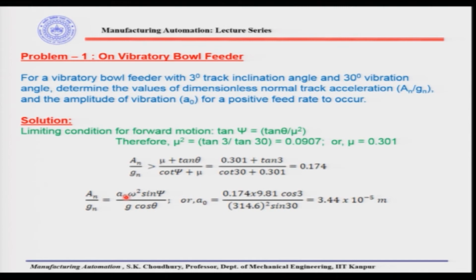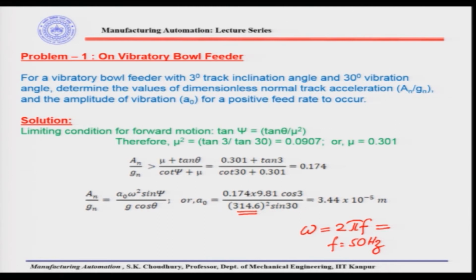Omega is 2 pi f. This is the angular frequency, if you remember, and f we know is 50 hertz in India. Pi is 3.1417. So, you can find that omega is 314.6, and this is omega square.